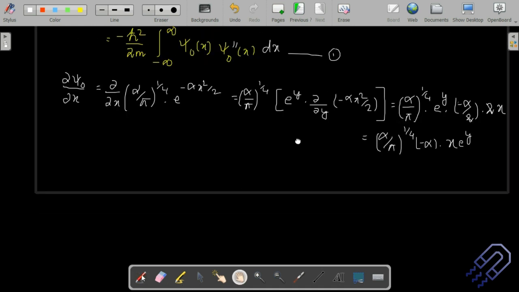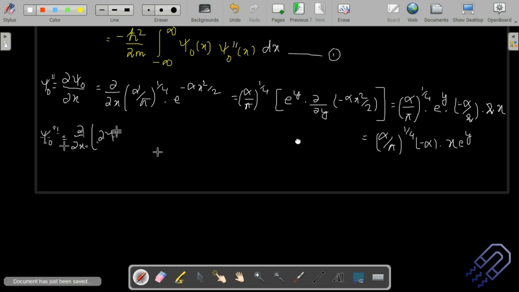Okay. So let's take out psi double dash. So this is your psi naught dash. So psi naught double dash is nothing but del x of del psi naught del x. So this would be nothing but del x of del psi naught del x is this term.